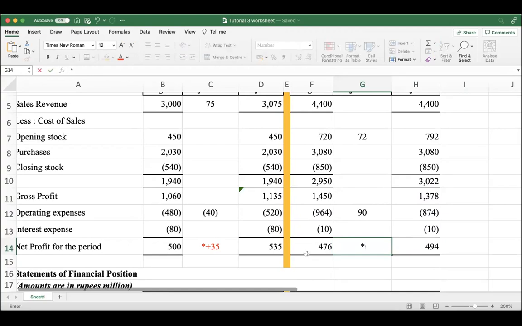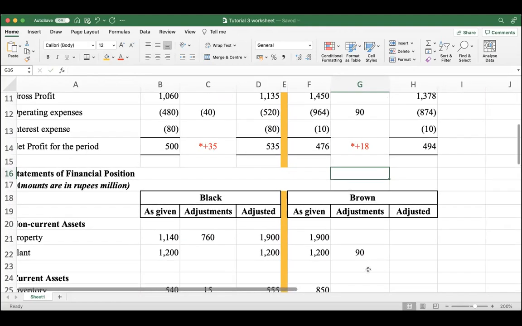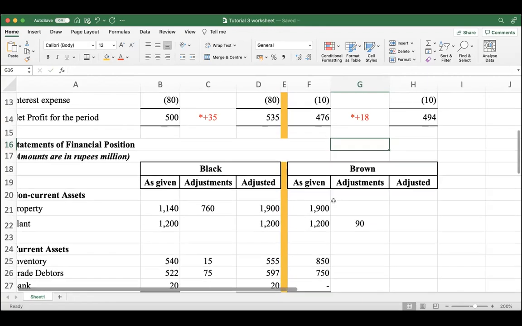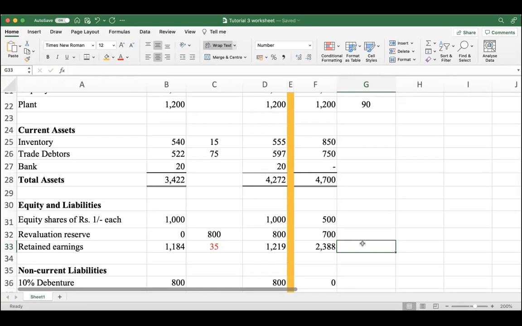Then you have to increase your retained earnings by 18.